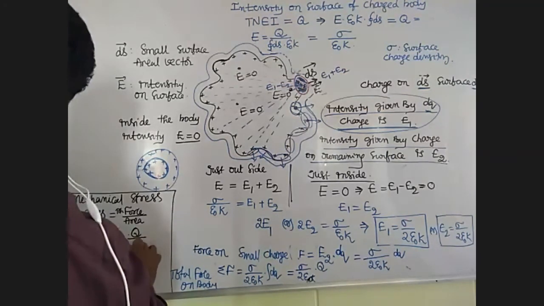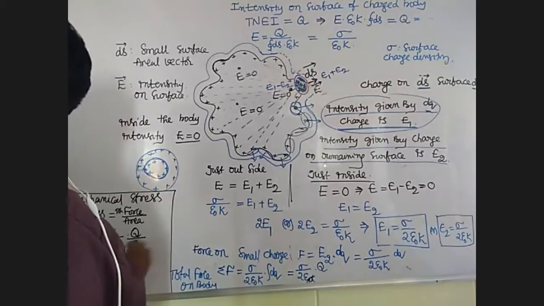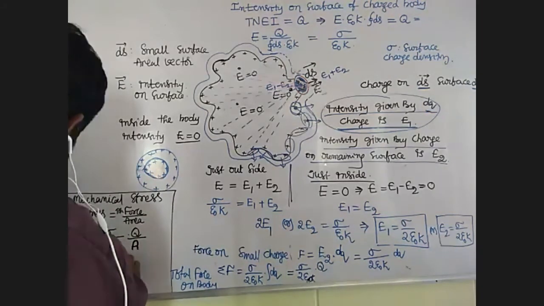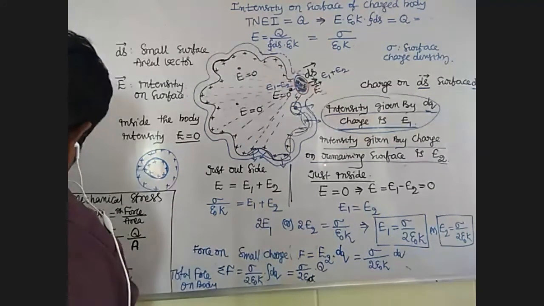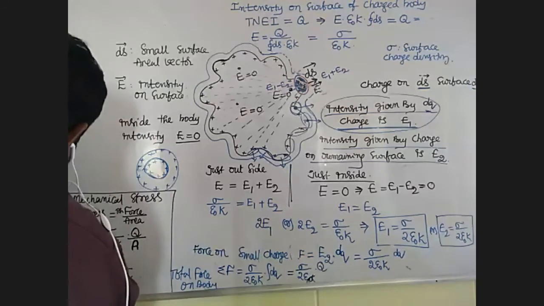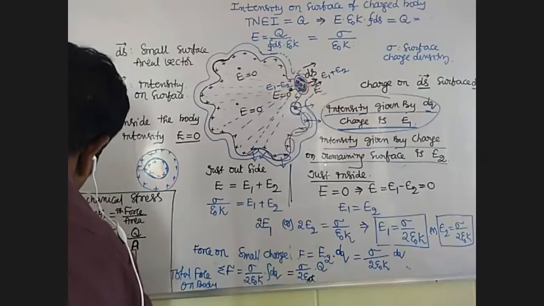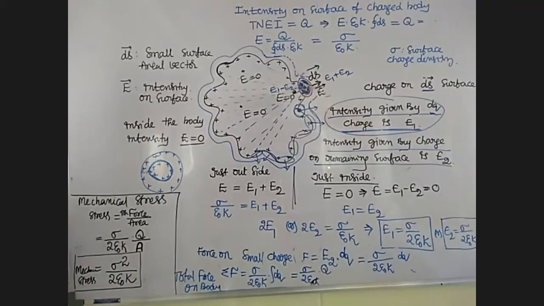Charge per area is sigma, the charge density. So sigma into sigma gives sigma square upon 2 epsilon naught k. This is the mechanical stress.